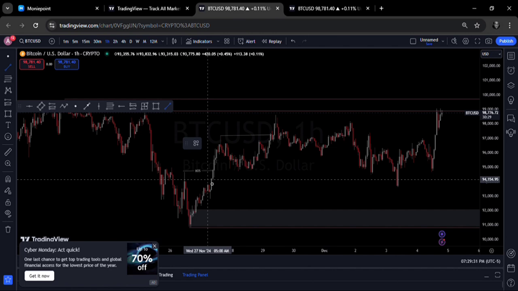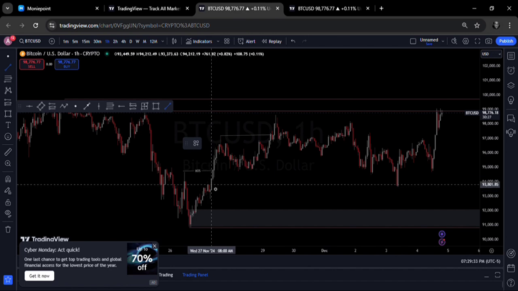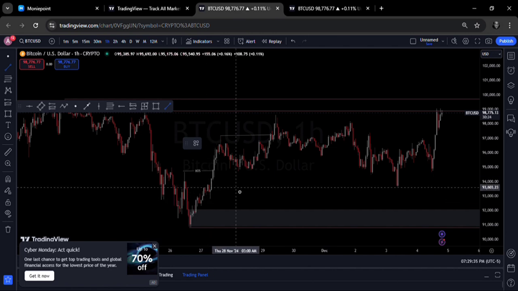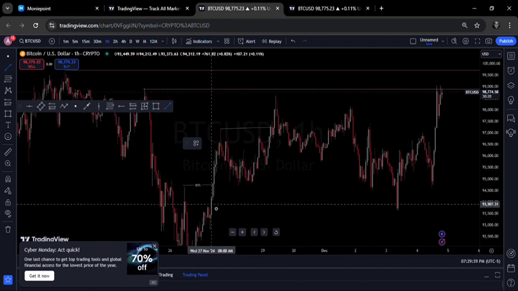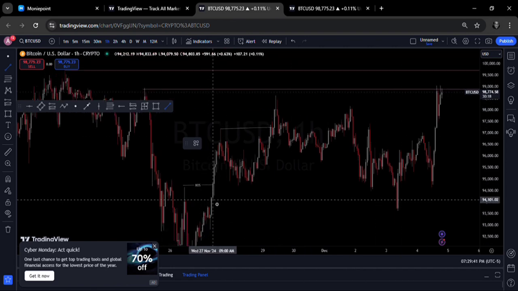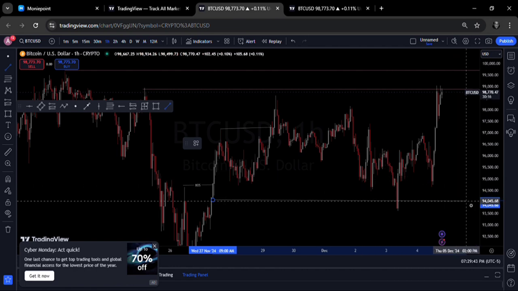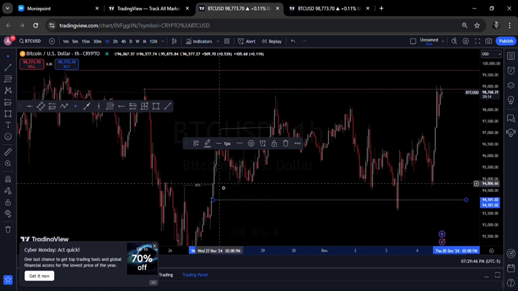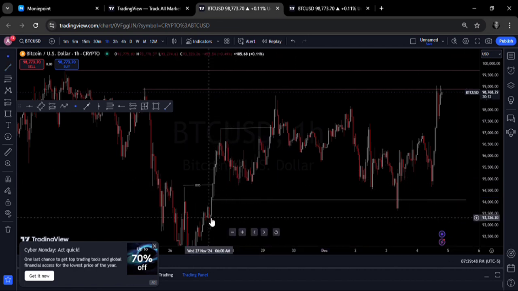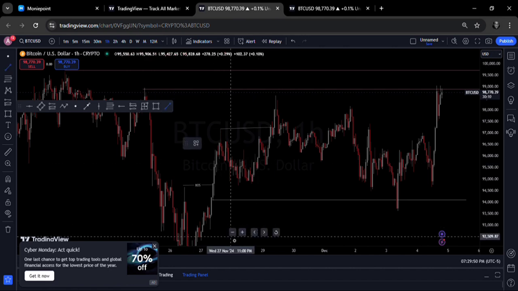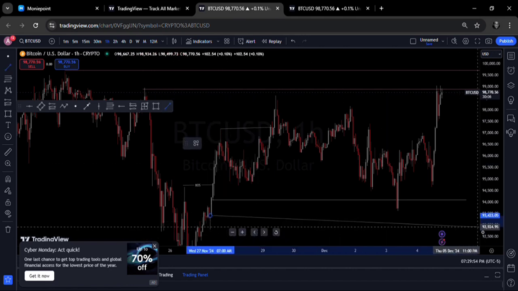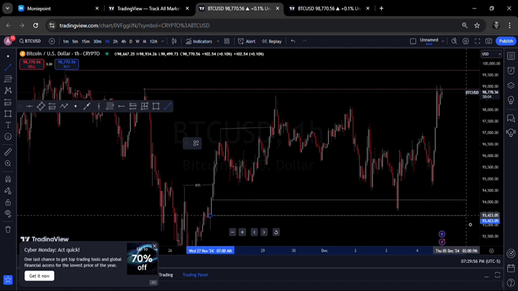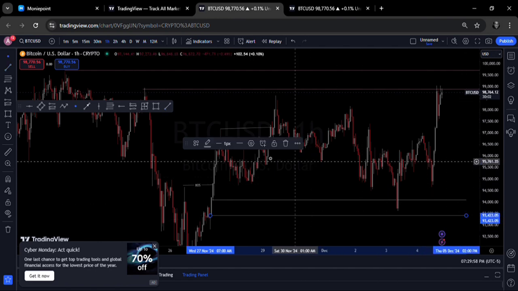So what I did here was, there is this imbalance again, this fair value gap, if you can see. From right here, I marked the top of the fair value gap, and the bottom of the fair value gap, I used this trend line tool.